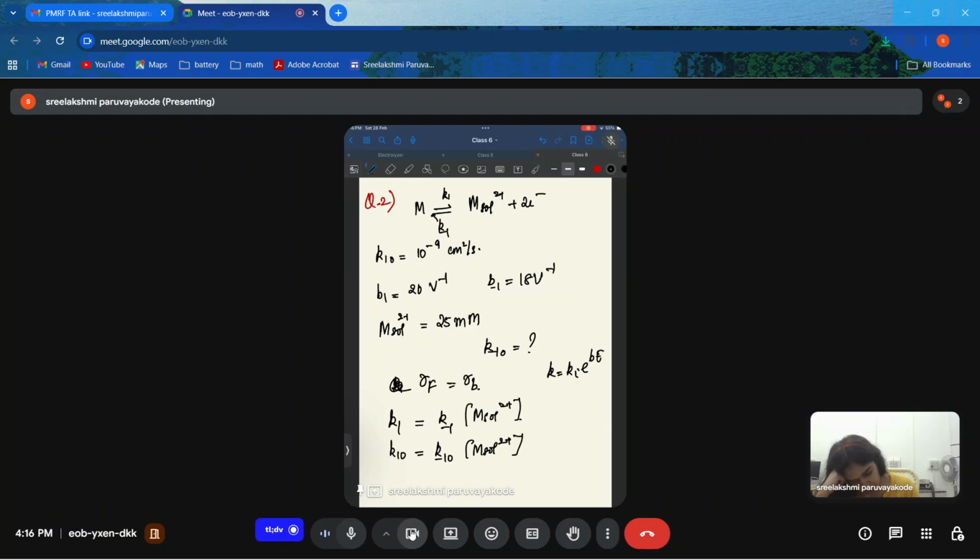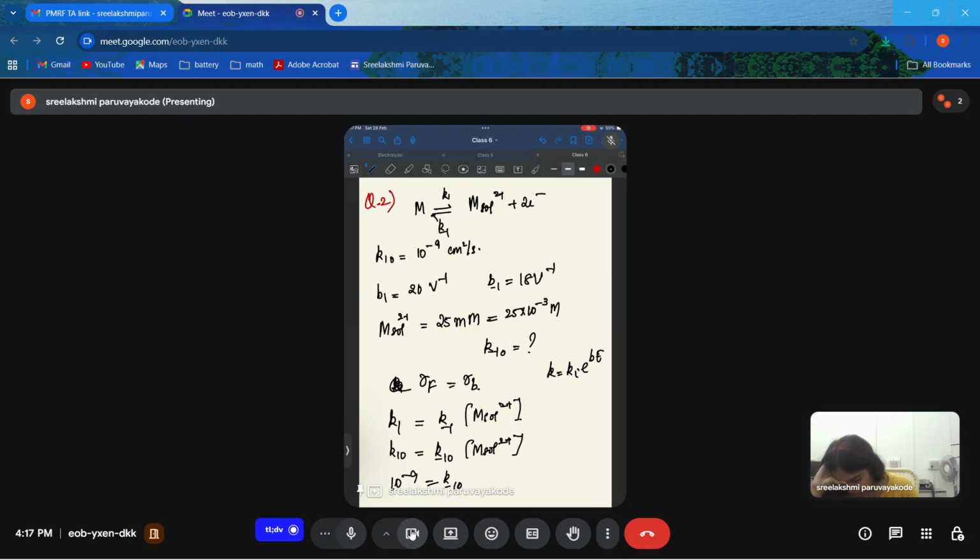Now let me substitute. K10 is 10 to the power minus 9, and 25 millimolar, K minus 10 is to be found. You have 25 millimolar, which is equal to 25 into 10 to the power minus 3 molar.